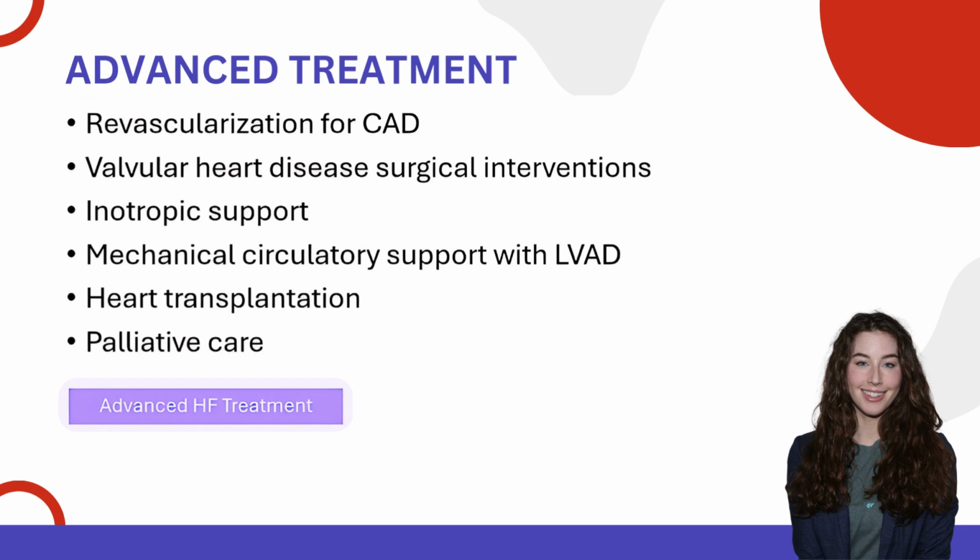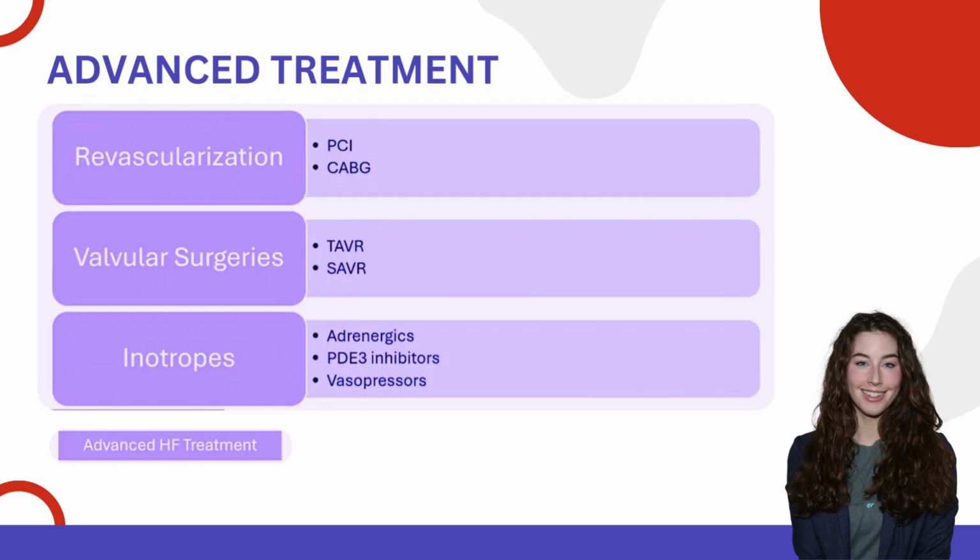versus an alternative pacemaker. Other options, if they fail device therapy as well, you can do revascularization, so a PCI or a CABG. You can fix valvular problems if that's a contributing cause to the heart failure, and you can use inotropes as well.